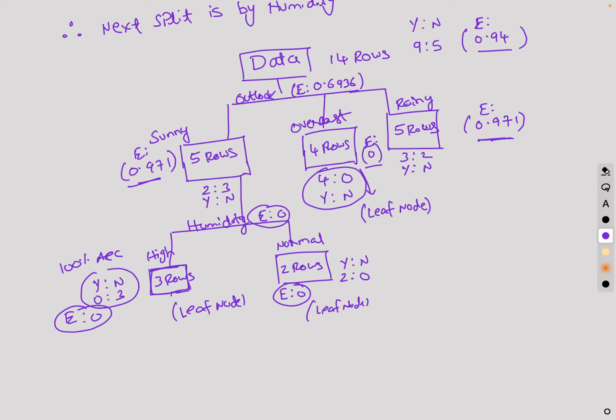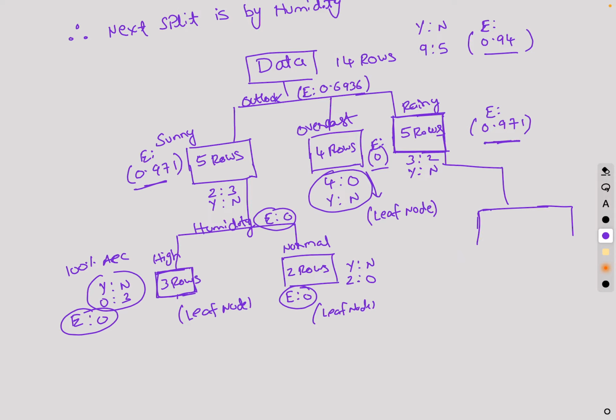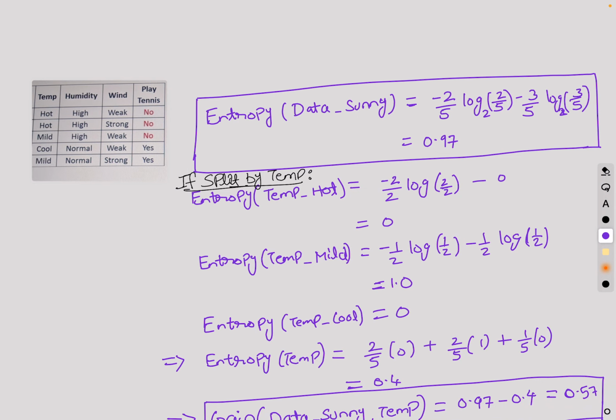But this one has to be split further, and it can be split because the entropy is high for this particular subset. It is 0.971. Entropy is high, uncertainty is high. So again, the split can happen based on either humidity or temperature or the other feature, which is wind.